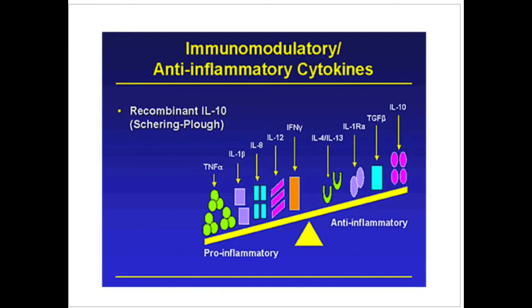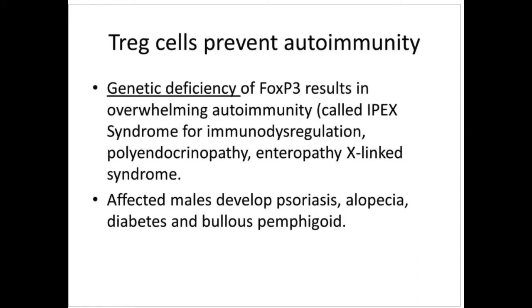So you've got a range of things here, and again interleukin 10, which is a highly immunosuppressive cytokine. So that supposedly tips the anti-inflammatory process the other direction. Okay. So how do we know T regulatory cells actually prevent autoimmunity?